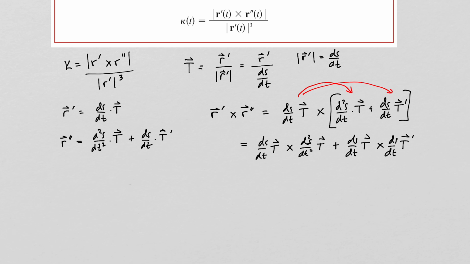Now because T cross T is always equal to 0, this term here is going to cancel out, and we're just going to end up with ds/dt quantity squared and then T crossed with T prime.